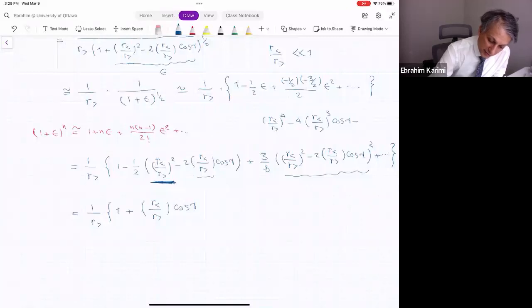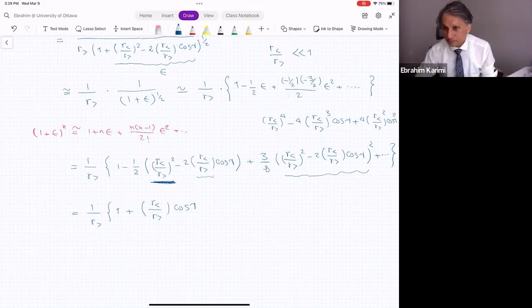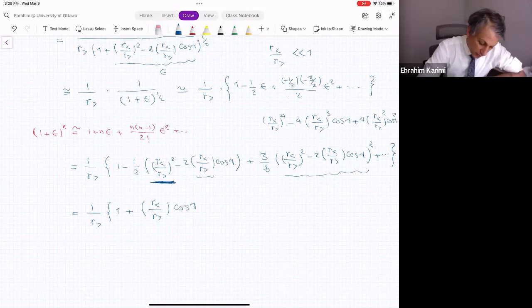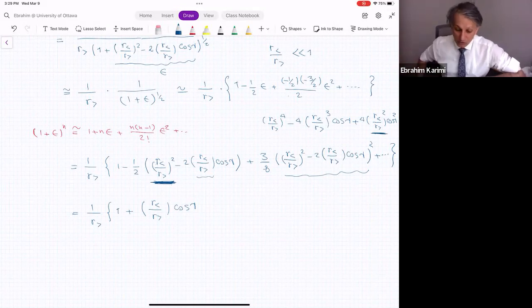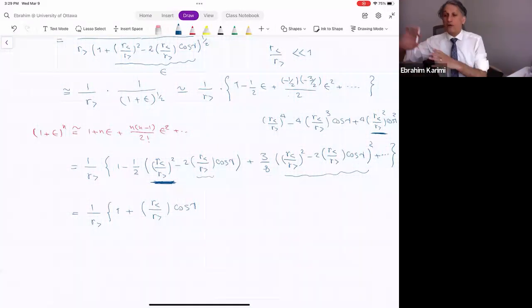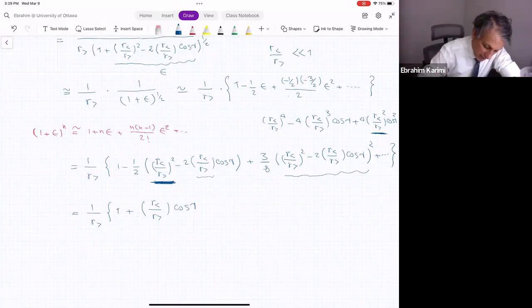And then I have the next term, which is plus 4 R small R greater to the power of 2 cosine of gamma to the power of 2. Do you agree? So I have a power of 2 for the expansions of R's, and I have a power of 2 here as well, which I have to keep together. And if you look at the other terms, they are power of 3, right? So the minimum power that you will get there is R small R greater to the power of 3, which is beyond the expansions that I'm looking for right now.